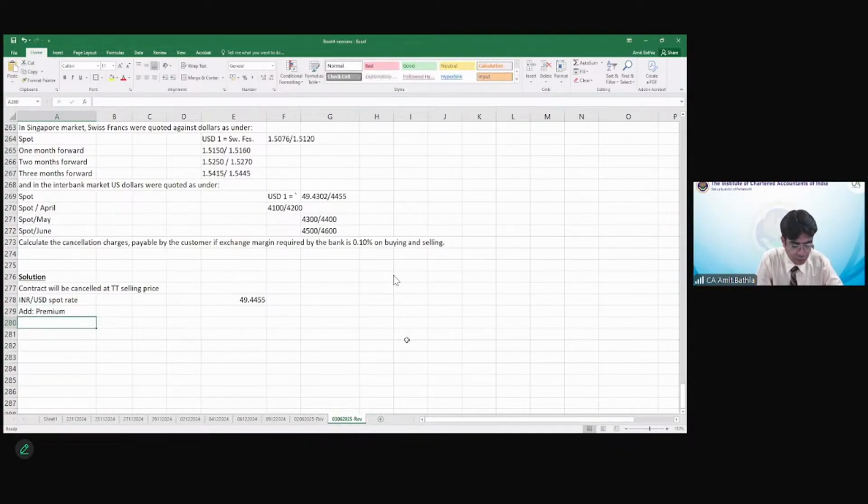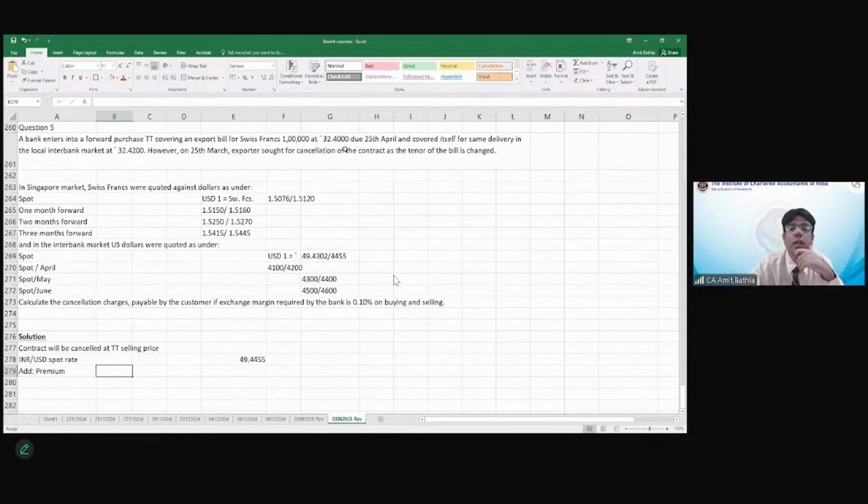I need to add premium for which month? I have to add premium due 25th April. So this is the premium due on April. Am I right? So as far as premium is concerned, I will add spot premium for April, which is 0.4200.